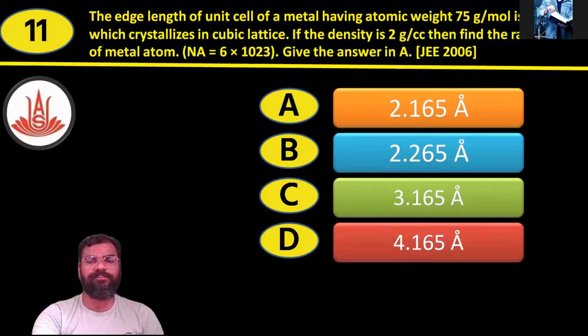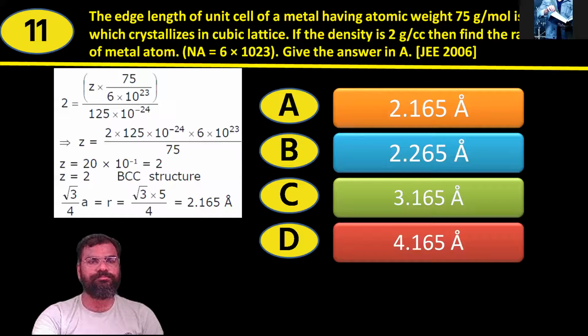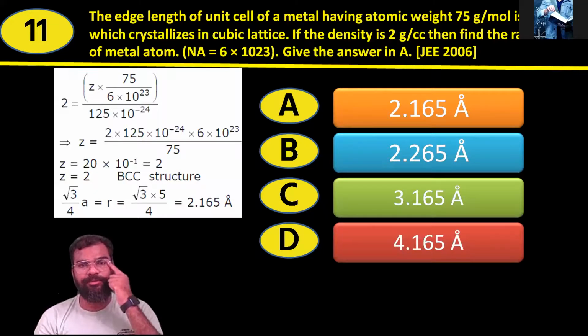So let us solve this. See, density they have given 2, then Z, the formula of density we need to use is Z multiplied by the atomic weight they have given, 75, divided by Avogadro number, 6 into 10 raised to 23, upon 125 into 10 raised to minus 24.